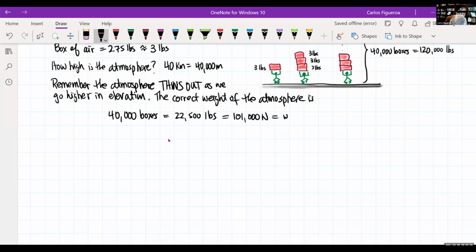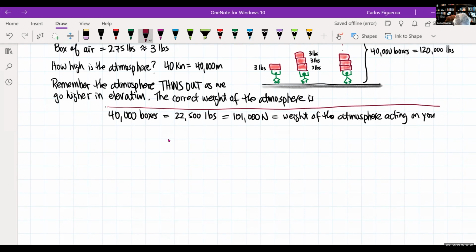This is the weight of the atmosphere acting on you. And that is insane, right? This is an insane amount of weight.